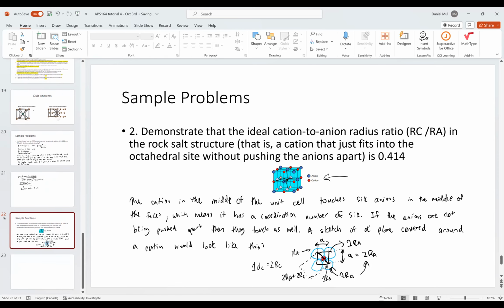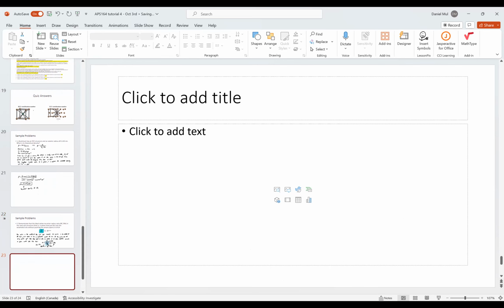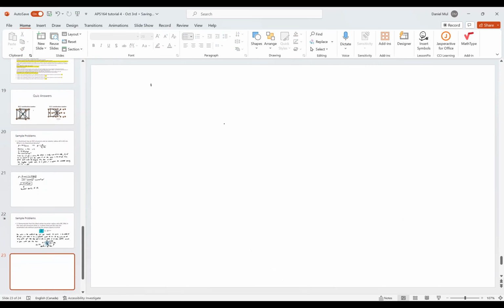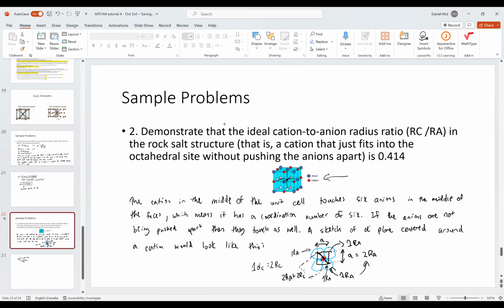So we can use that sketch to build a triangle where this is that diagonal. And then we have 2 RA and 2 RA.